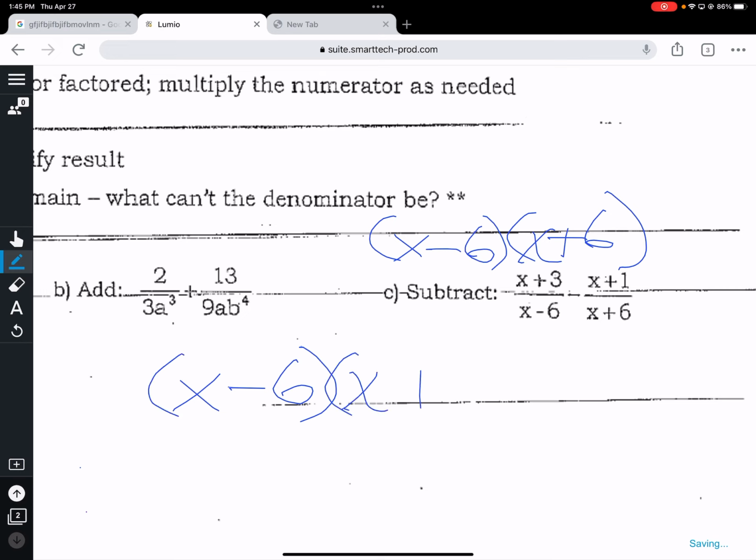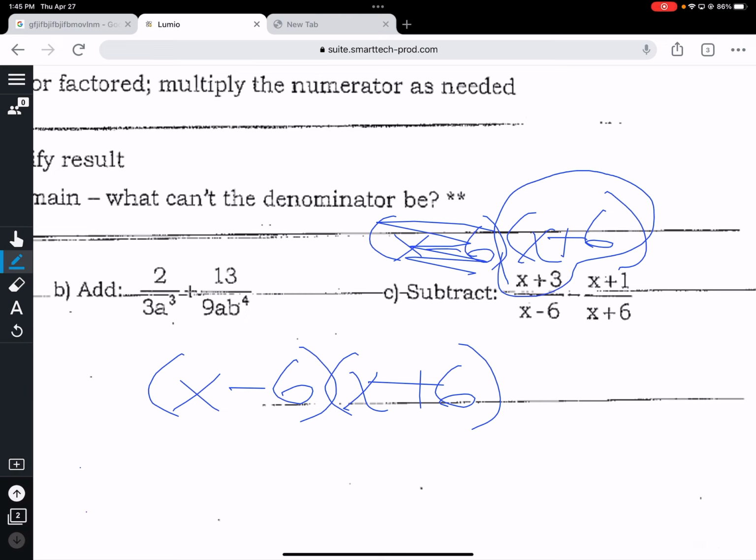If I have x minus 6 and I want it to become x minus 6, x plus 6, what do I have to multiply x minus 6 by to get here? X plus 6, thank you. So I'm going to say x plus 3 times x plus 6, because I already have an x minus 6, so I don't have to do it again.